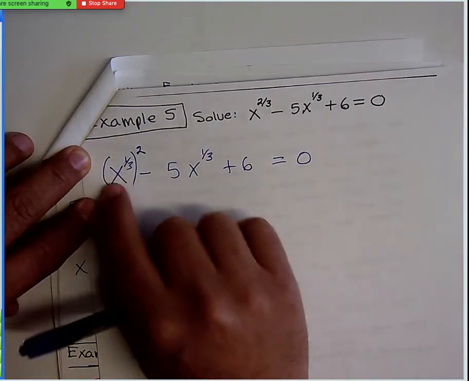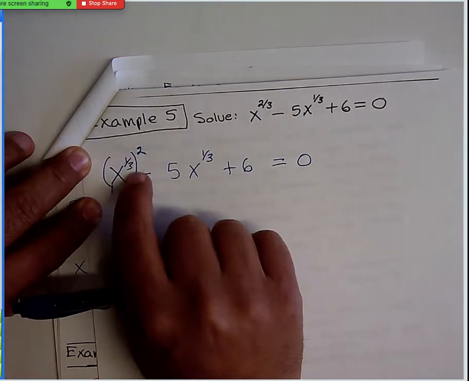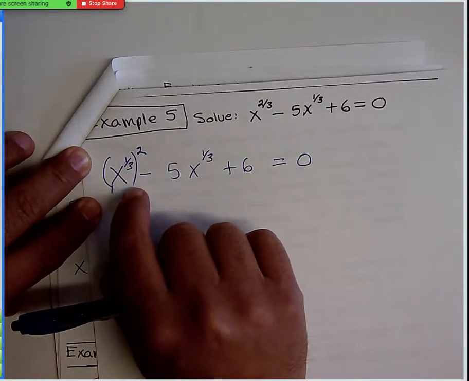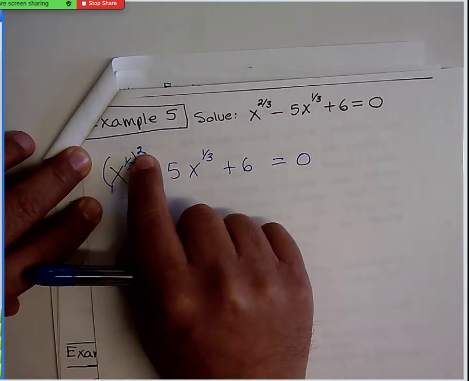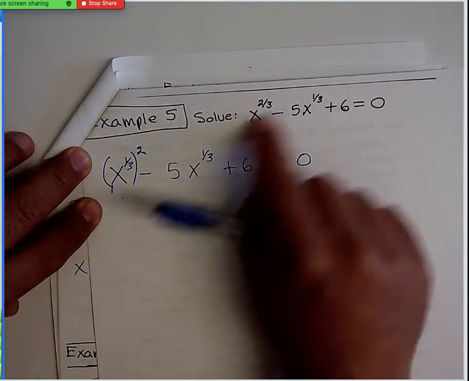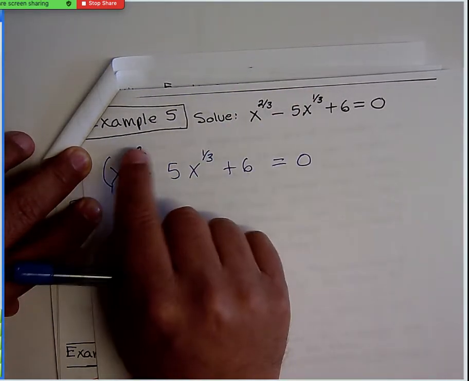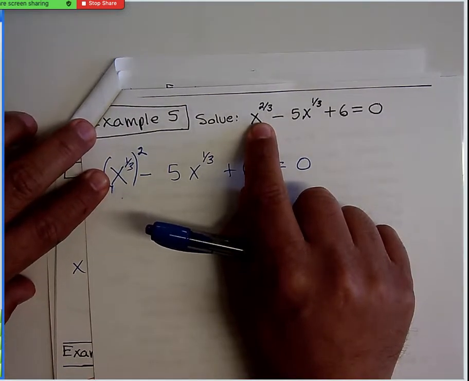So I'm using the power to a power rule here. I have the 1/3 being a power, and I elevate that to the 2 to another power. If you combine these two, they would equal that 2/3 again. So I did not change this. I just made it look different. It just looks different, but it's the same thing.